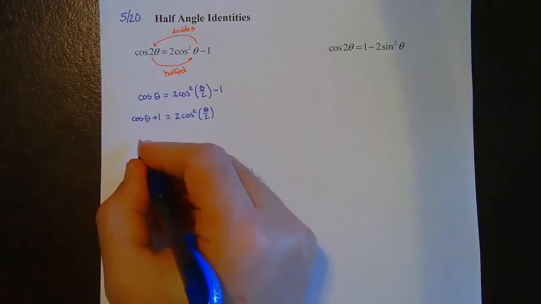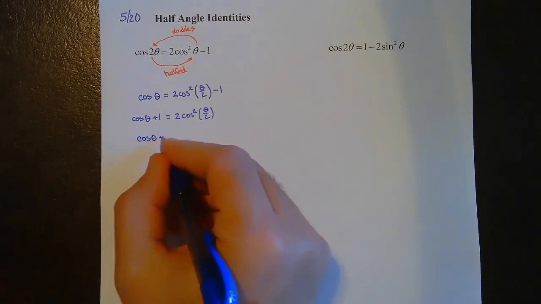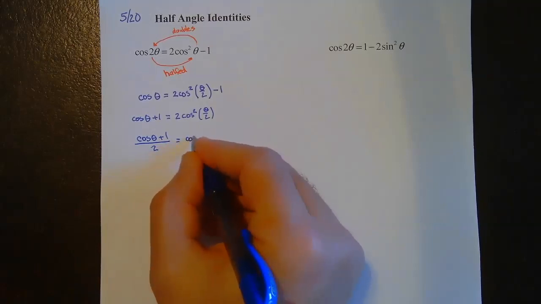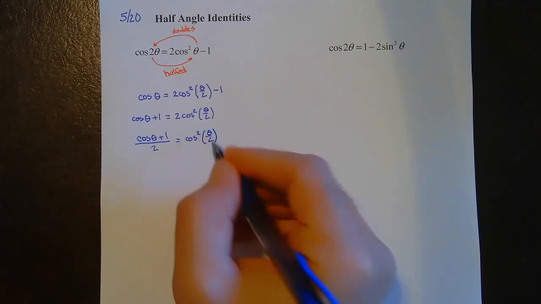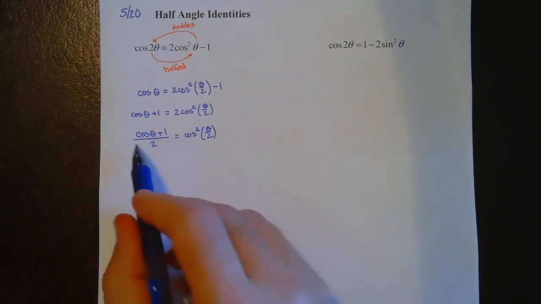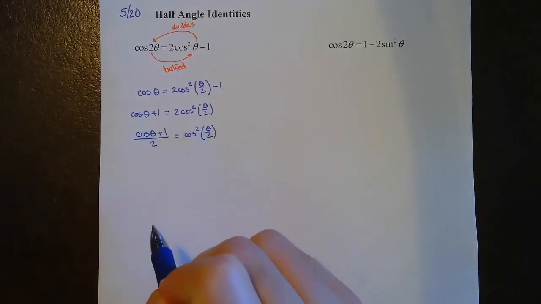So we'd have cosine of theta plus 1 over 2 is equal to cosine squared of theta over 2. And then we would square root both sides, and that would get rid of the square, and we'd be left with cosine of theta over 2.